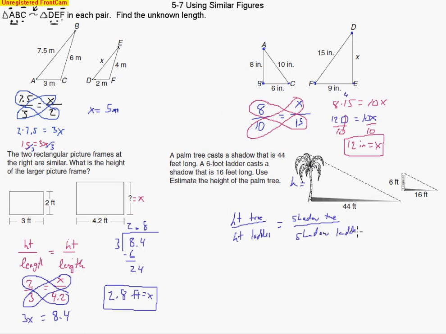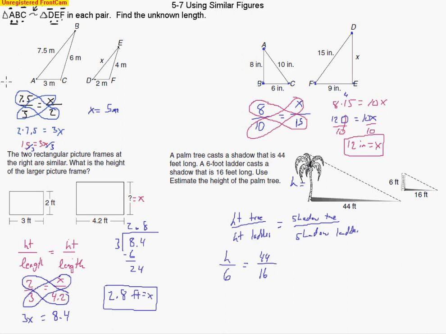And that'll give me the same answer. So let's try setting it up that way. Height of the tree, h, over the 6-foot ladder equals the shadow of the tree, 44 feet, over the 16-foot ladder.